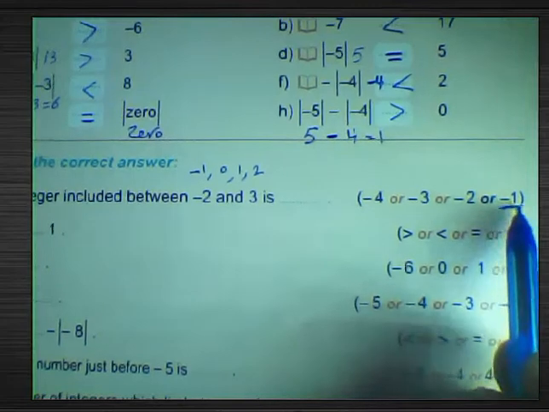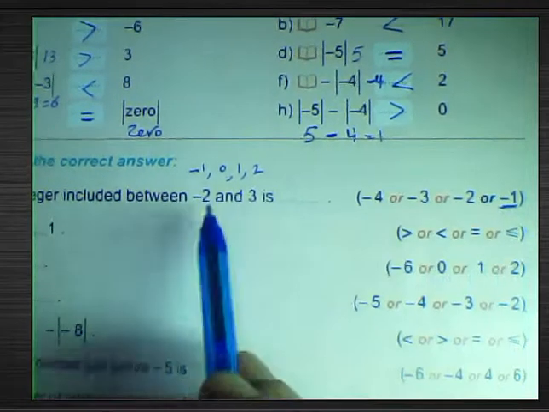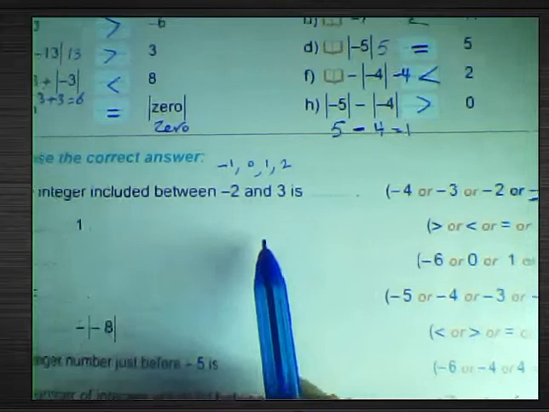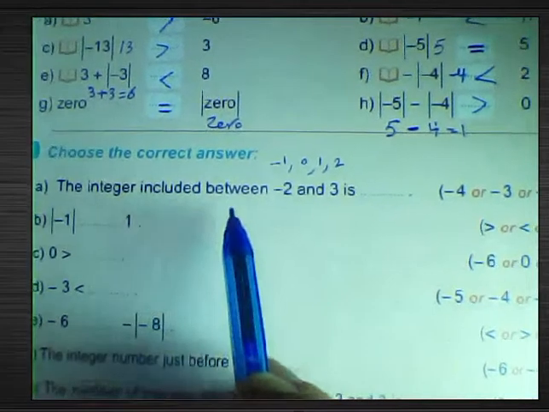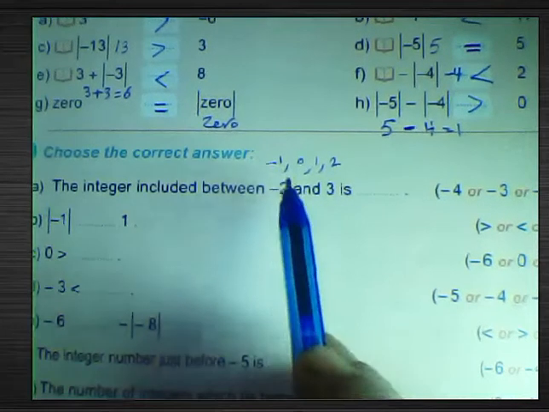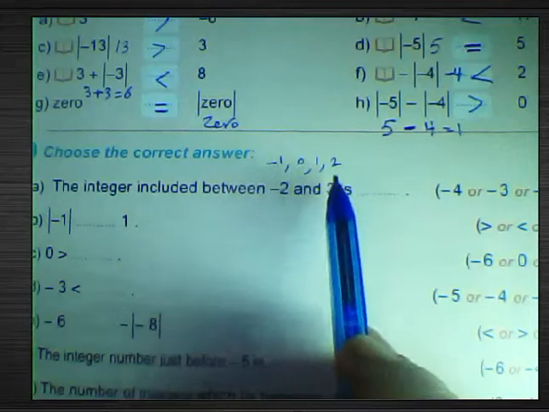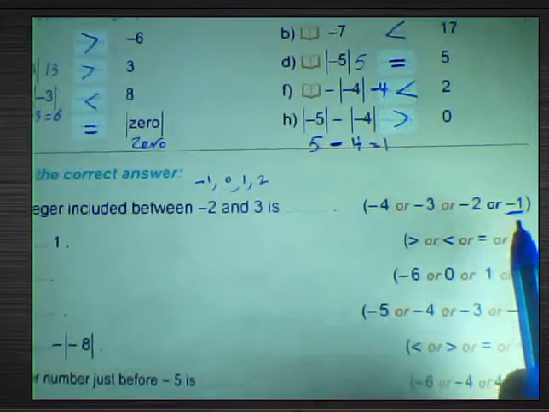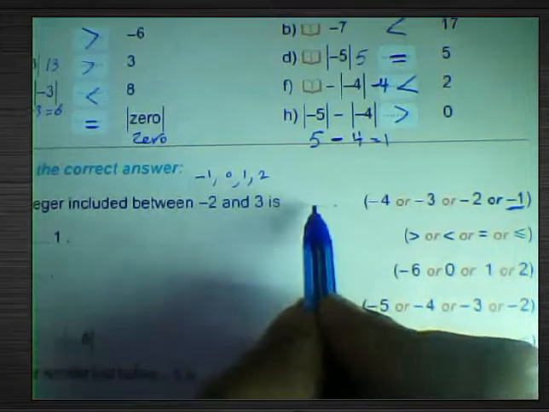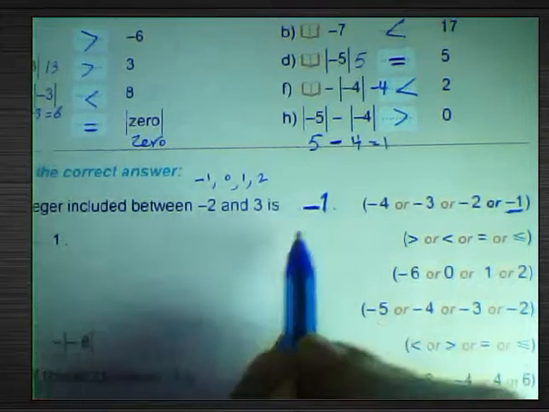You must choose negative 1 because negative 1 lies between negative 2 and 3. So you can choose negative 1. It's okay.